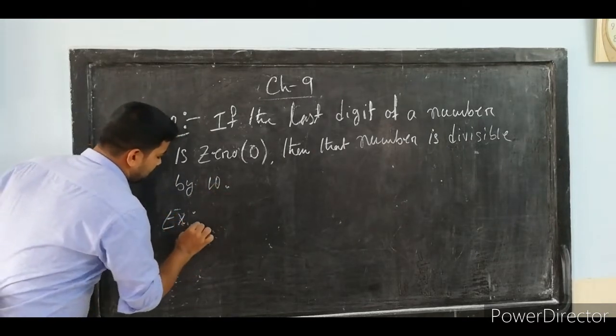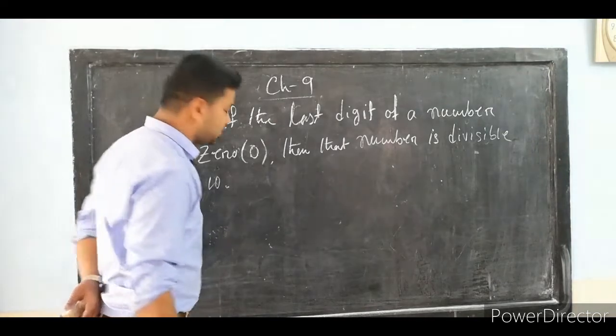Example, any number containing the last digit as 0.